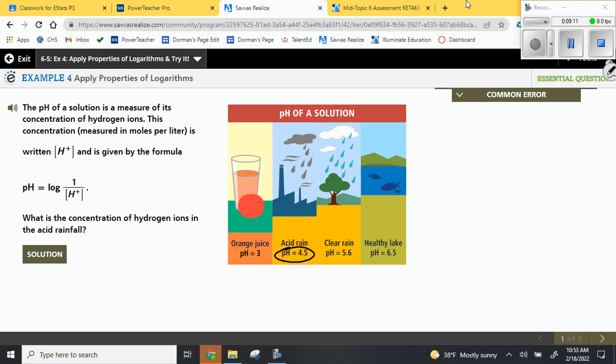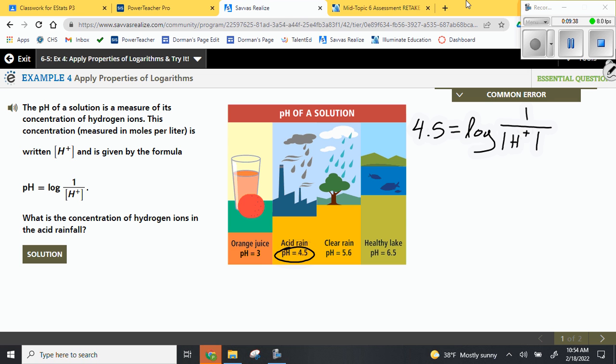Okay? pH of 4.5. So we're going to have to solve for H plus, right? That's our hydrogen ions. So I need to solve 4.5 equals log base 10 of 1 over the absolute value of this H plus, okay?